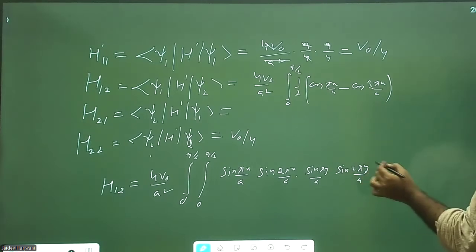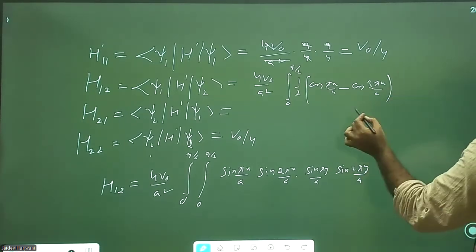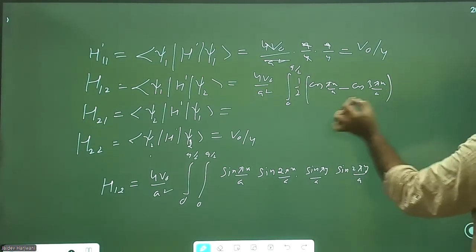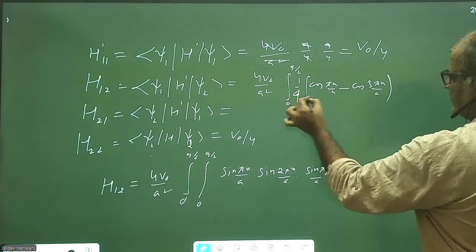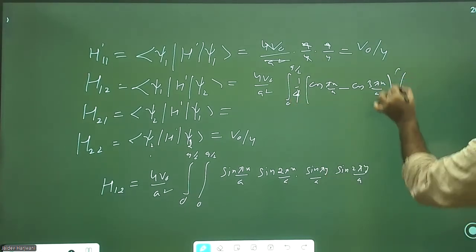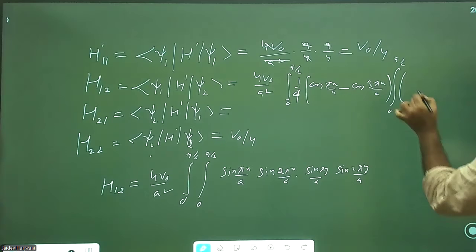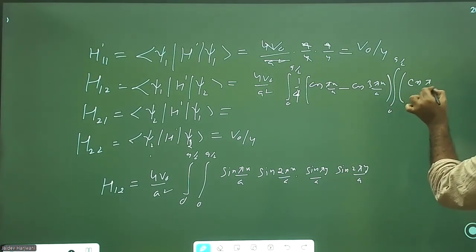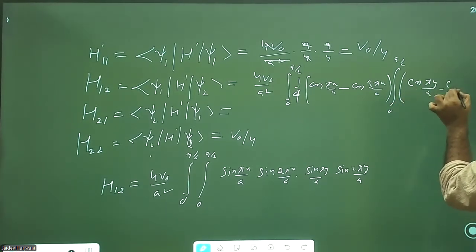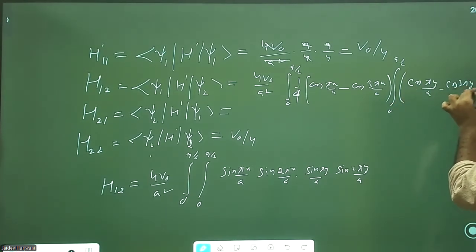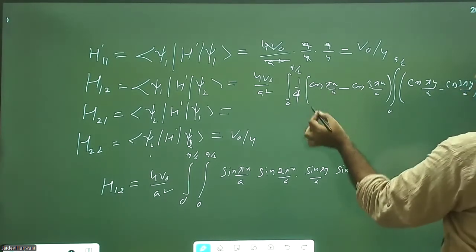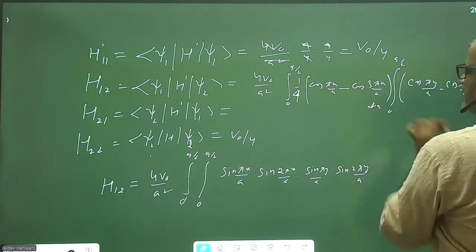Similarly for y I can open it, another 1 by 2, so the total becomes 1 by 4, and this becomes the integral from 0 to a by 2 of cos pi y upon a minus cos 3 pi y upon a dy, and here you have dx.